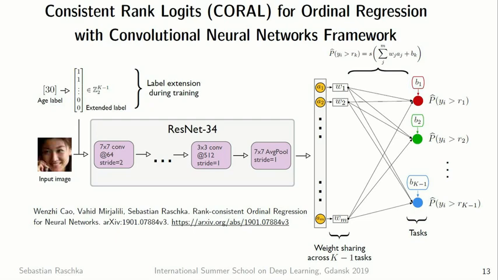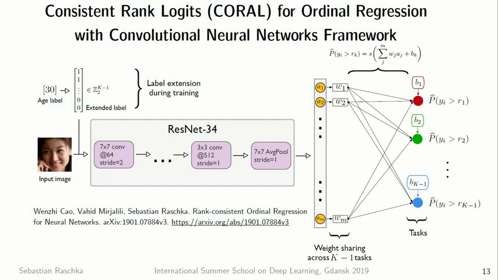Then we break it down into binary classification tasks. A binary classification task is like the gender prediction, like male or female, assuming that gender is binary, which is not the case in every country, but let's just assume gender is binary because that's how the data set is labeled. That would be a binary prediction task.